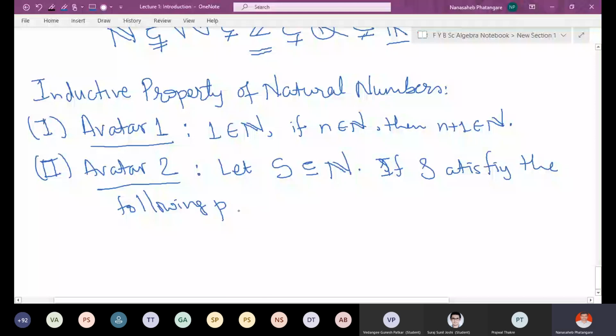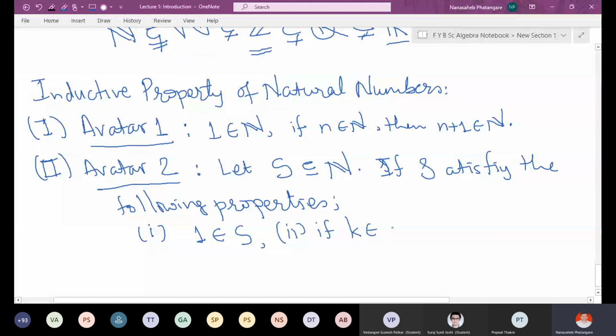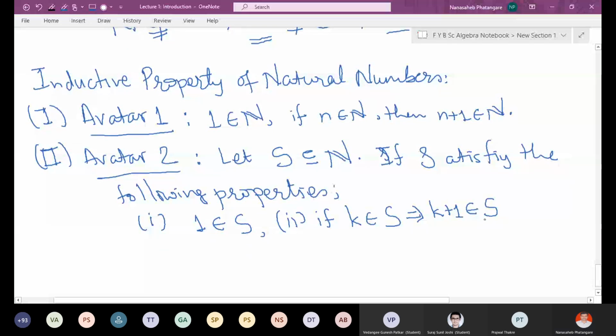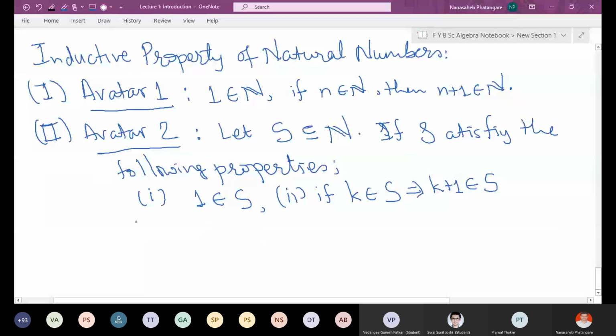What properties does S satisfy? One is in S, and second, if you choose any element k from S, then k plus 1, the next number, is also in S. Then S is nothing but the set of natural numbers.